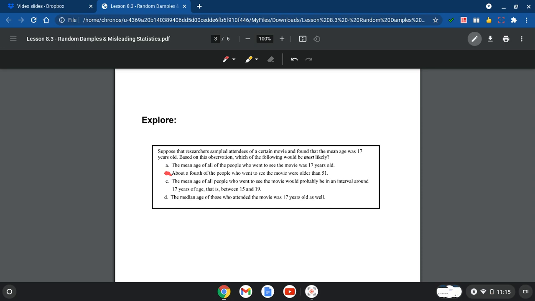This selection, C, is a better answer than A. D states the median age of those who attend the movie was 17 years old as well. We have seen from other examples that the mean and the median quite often do not match up. Therefore, C would be the correct answer.